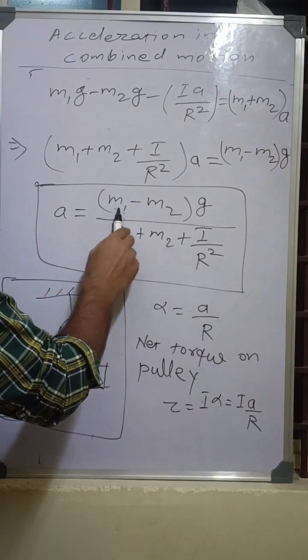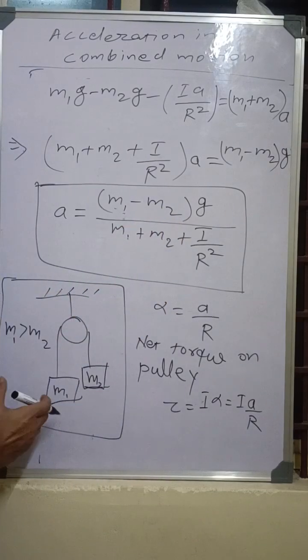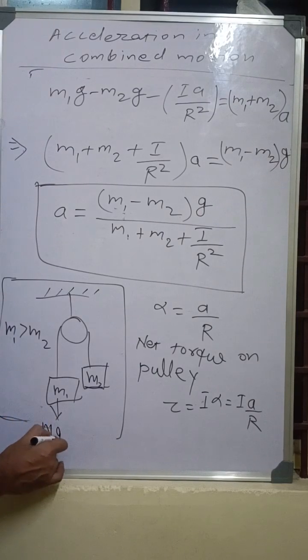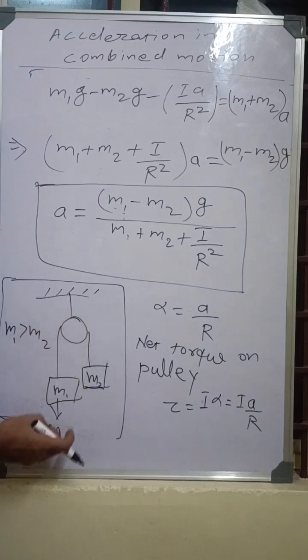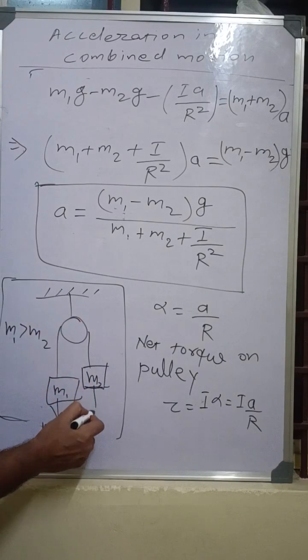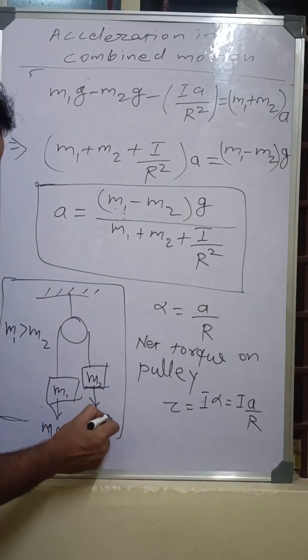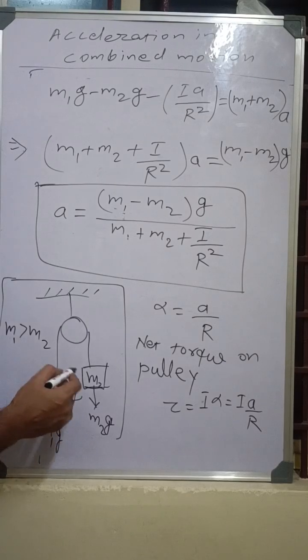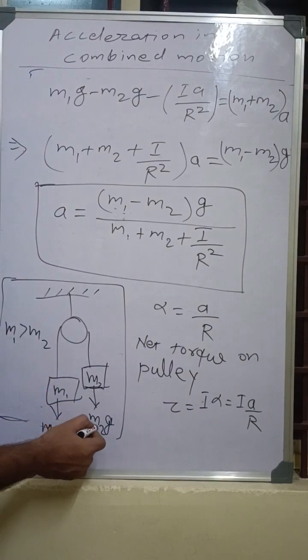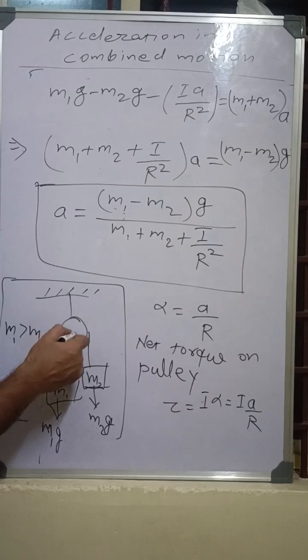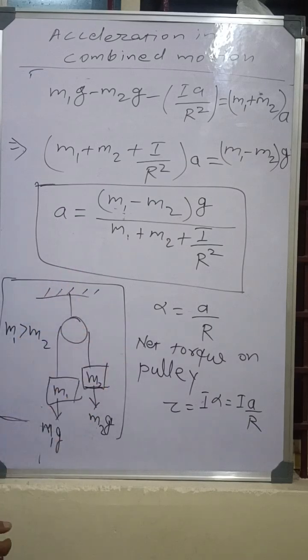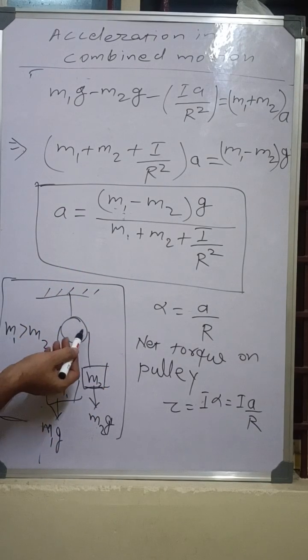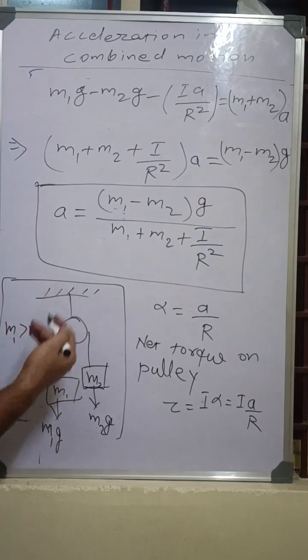Look at here what it is. It is M1G minus M2G. M1G will act like this, which will tend to pull the system down on this side, and M2G will act on the other side. M2G will tend to rotate this pulley clockwise, and M1G will tend to rotate this pulley anti-clockwise.